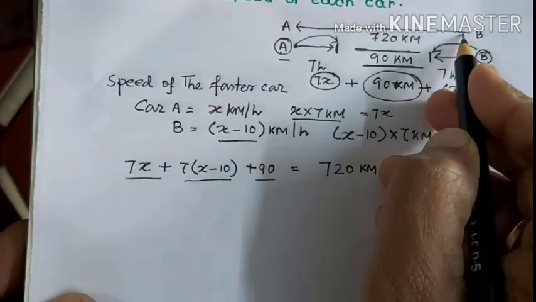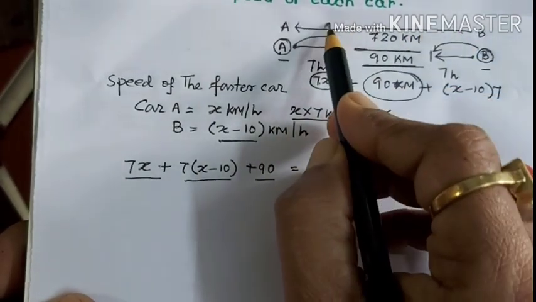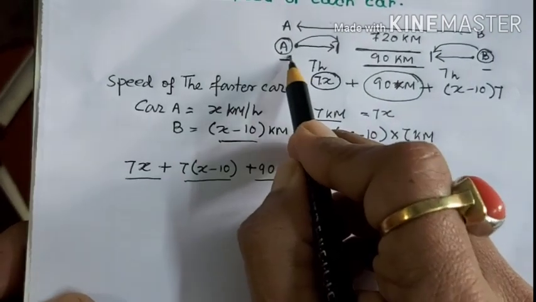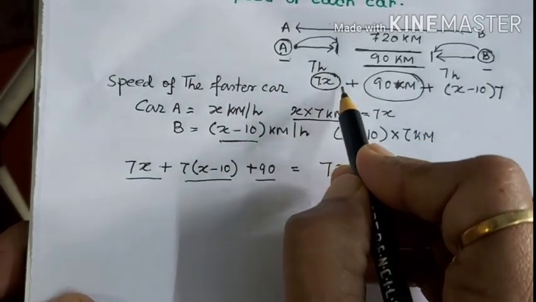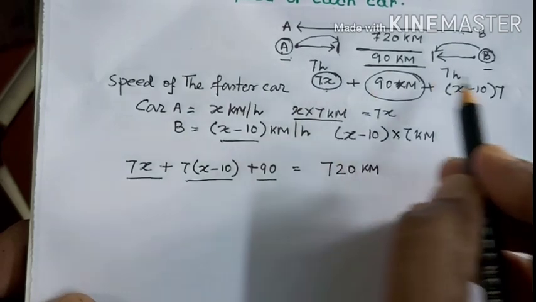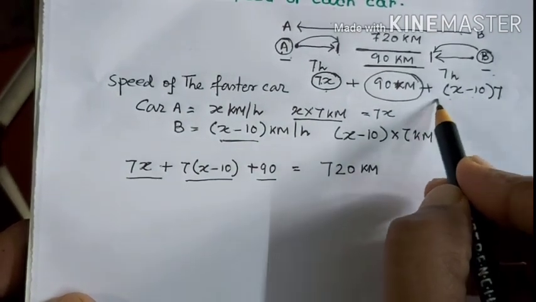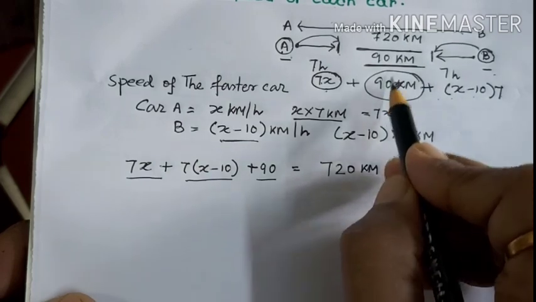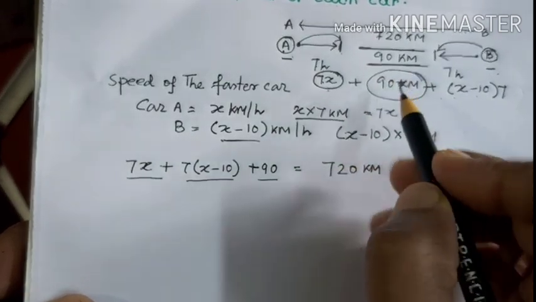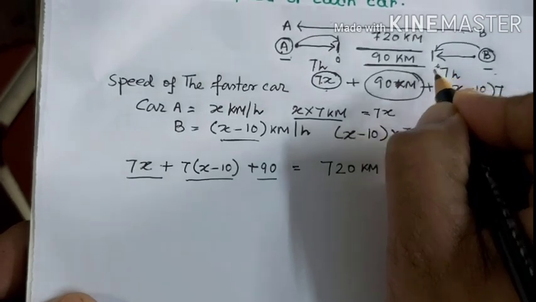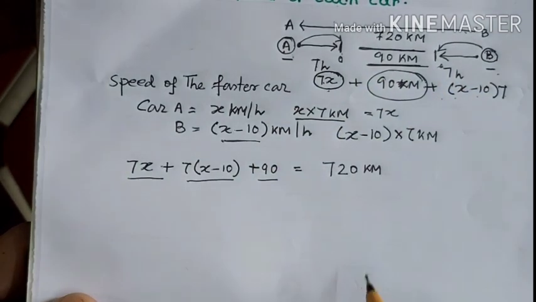The total distance from A to B is 720. Car A is reaching a point of 7x km, car B is reaching a point of 7 into x minus 10 km, and the distance between them still remains 90 km. Car A will be here, car B will be here, and the difference between them is still 90 km.